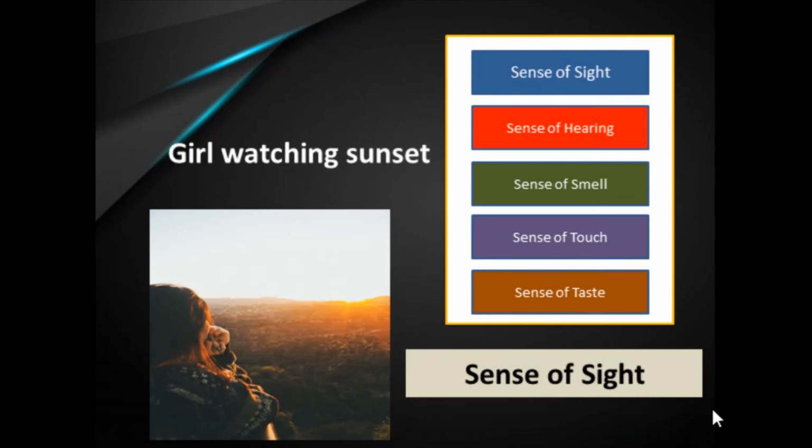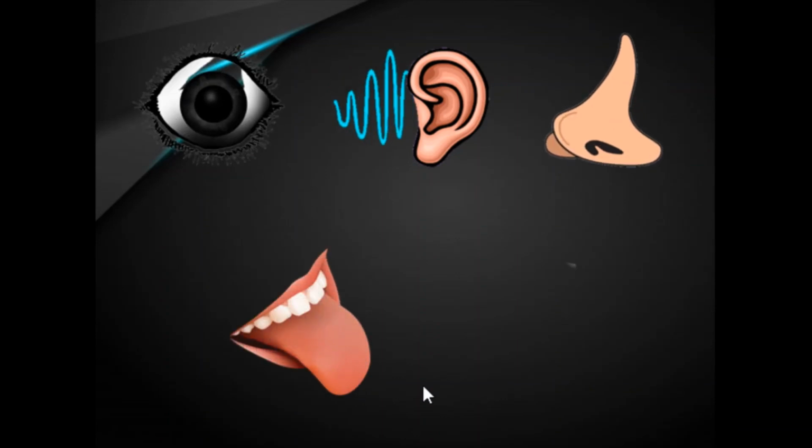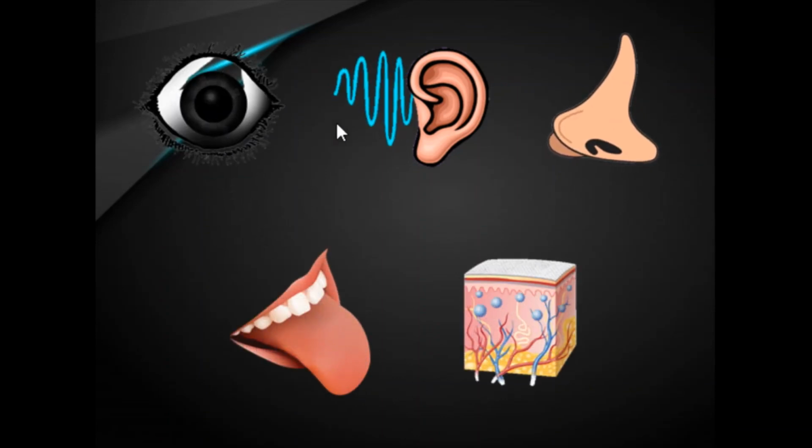Those are the 5 main sensations happening in our body. That would be the following: eyes, ears, nose, tongue, and the skin.